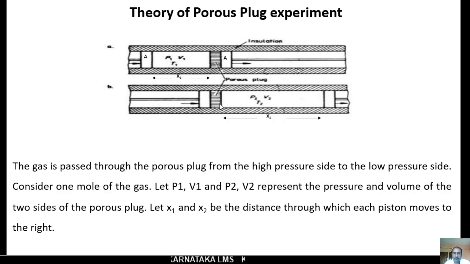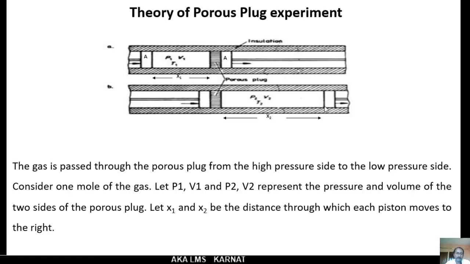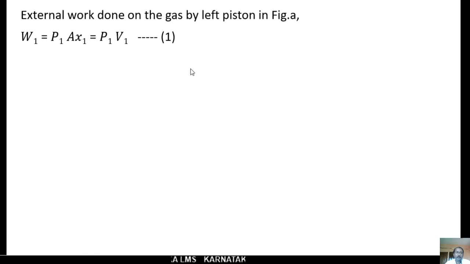In this case, the external work done on the gas by the left piston, shown in figure A, will be W1 equals P1 into A X1, that is pressure into area into displacement.